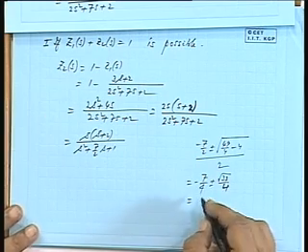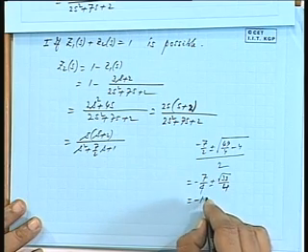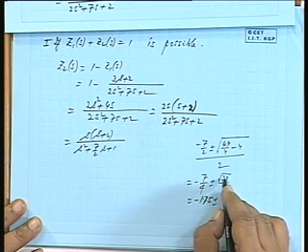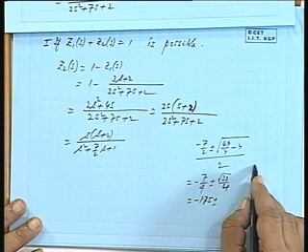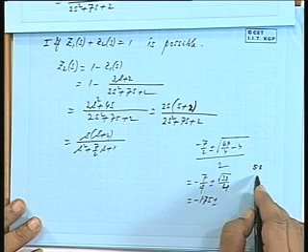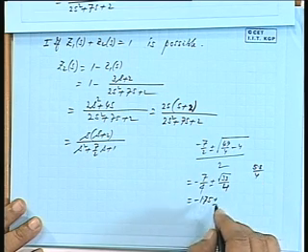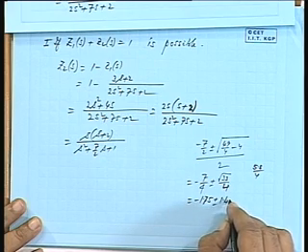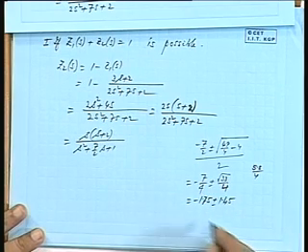So minus 7 by 4 means minus 1.75 plus minus root 33, you can take this to be 5.8 divided by 4, that is 1.45.